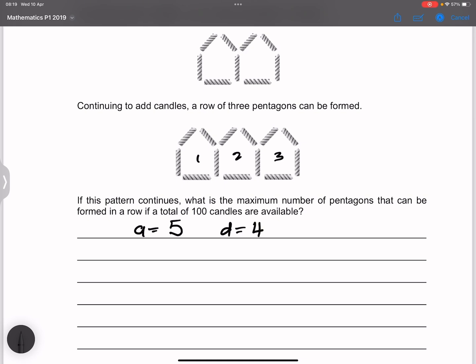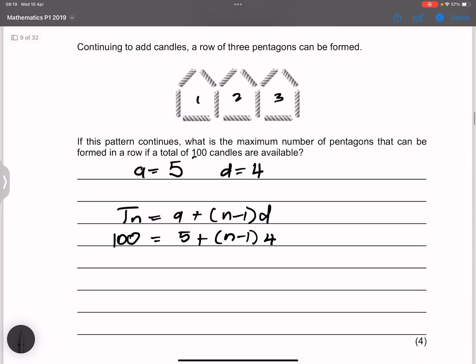So we've got 100 candles in total. So Tn is equal to a plus n minus 1 times d. We've got 100 candles in total. We started with 5, and this is n minus 1 times 4. And so we're going to solve for n in this case.